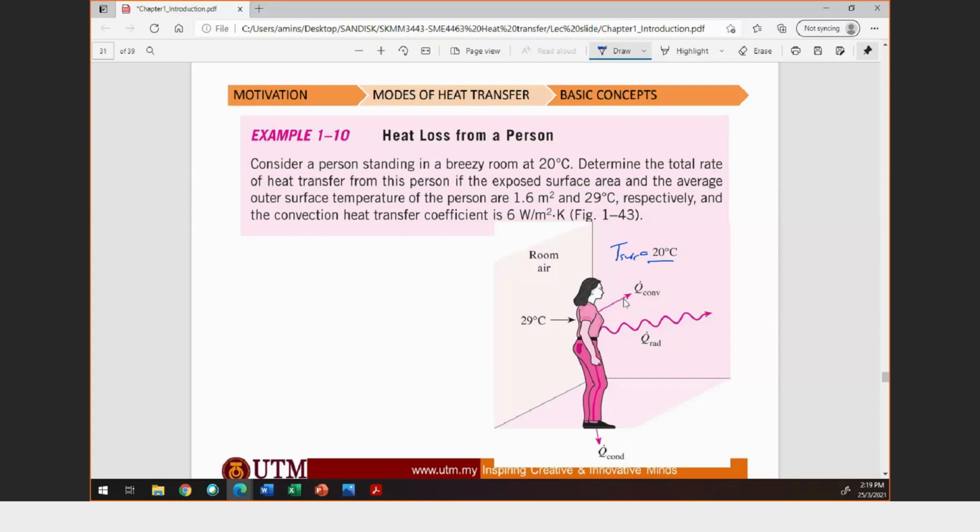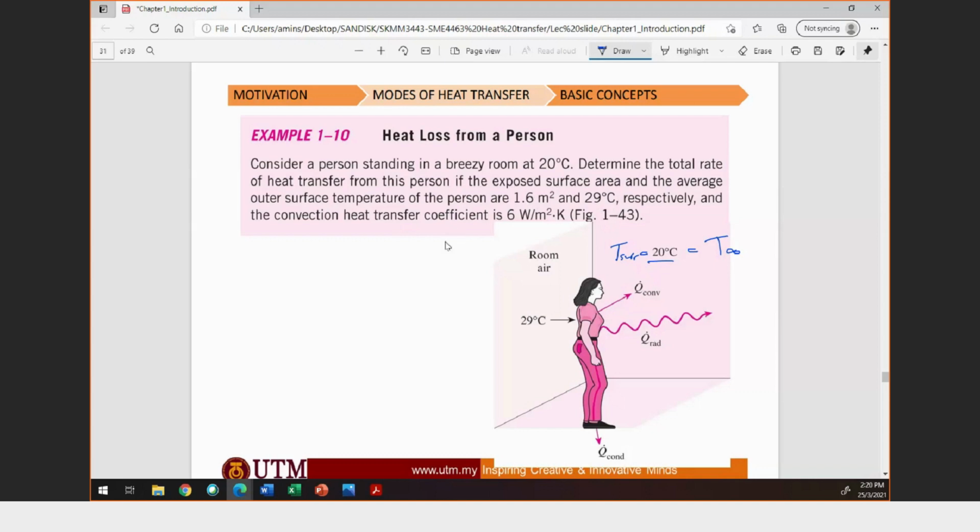Sometimes we also use T surrounding as T infinity, meaning it is always 20 degrees Celsius for that particular room.